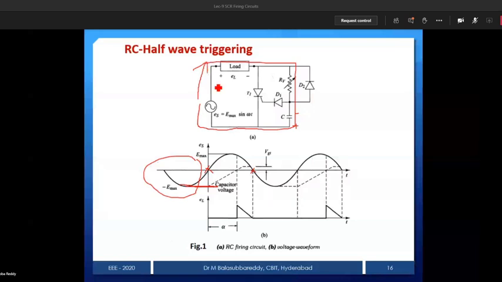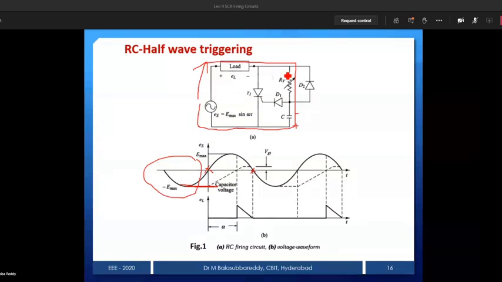Very simple. A capacitor is always trying to charge and discharge. If there is no path for discharge, it remains in the same position, whatever magnitude is there. But now we can observe that the capacitor is going to be charged in the reverse direction. Earlier it was minus V maximum, so negatives are there.